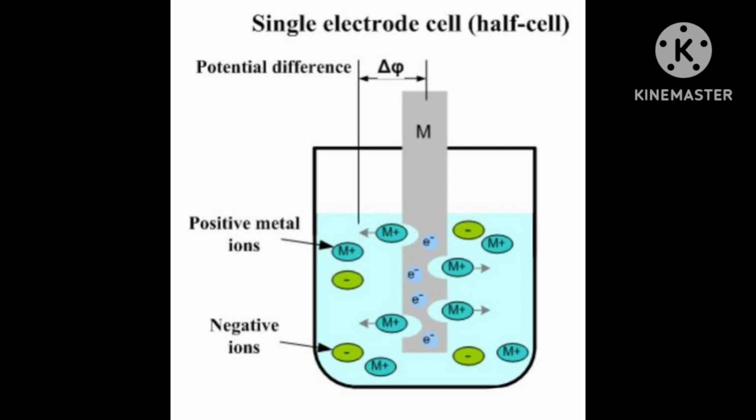That difference is called the potential difference, the cell potential, E cell. So E cell is equal to ER minus EL in short. This is the formula. You can solve numericals very easily.